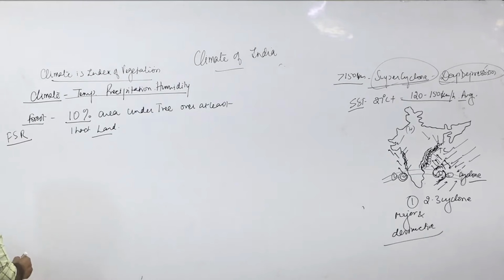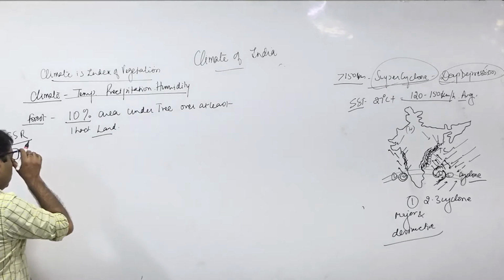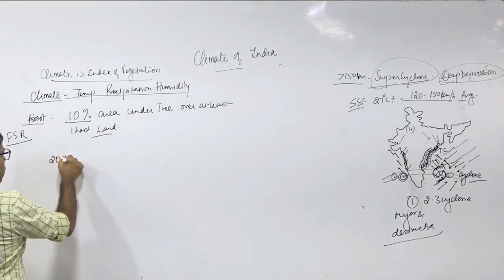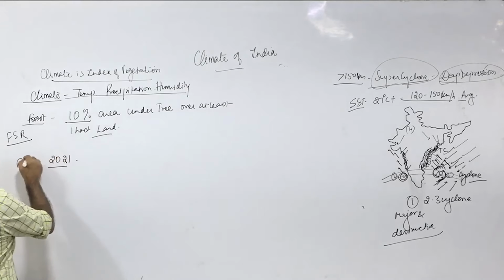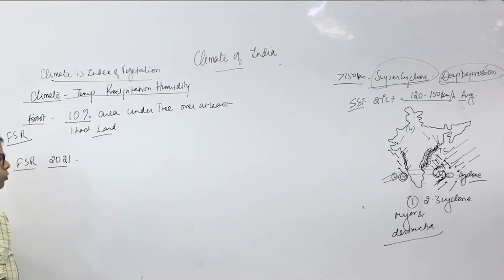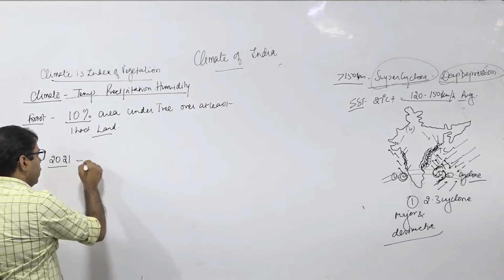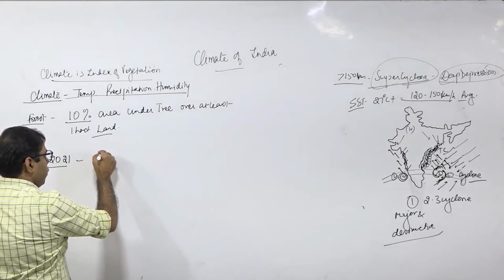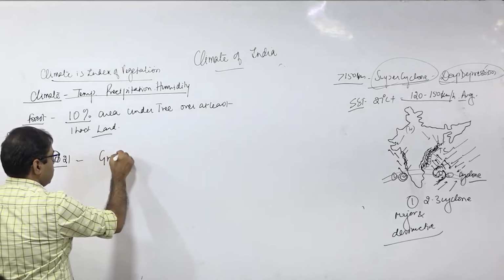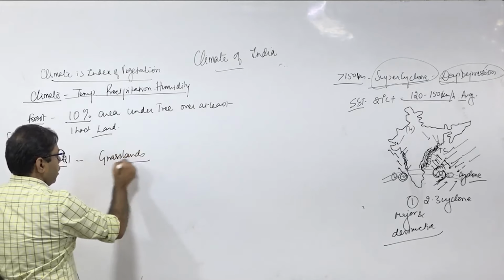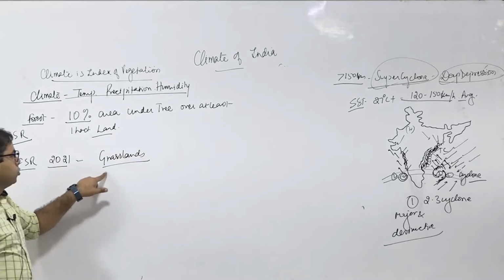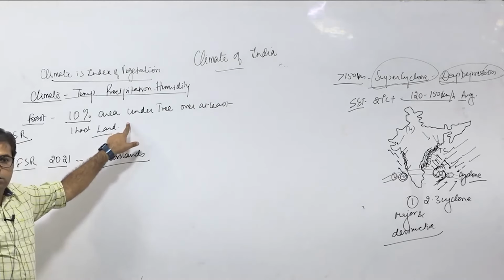Then, in the 2021 Forest Survey Report, we have started developing separate data for grasslands, right. Earlier, grasslands used to be considered part of the forest cover only.